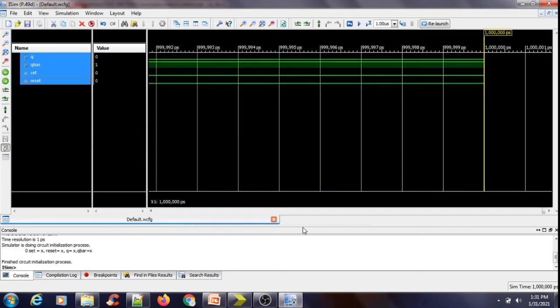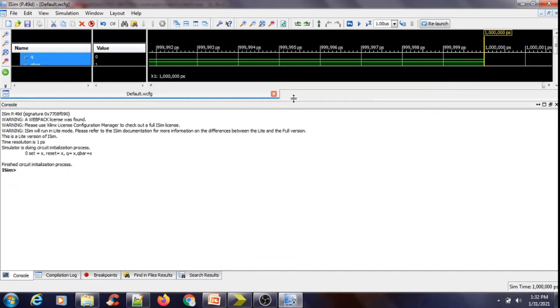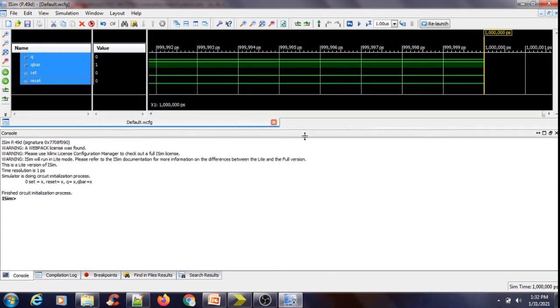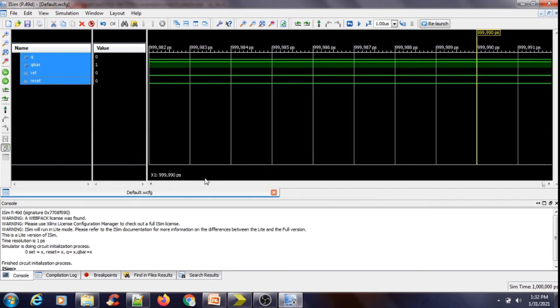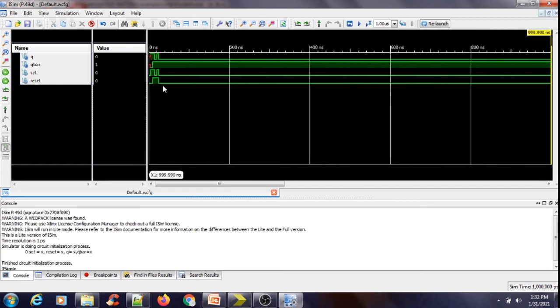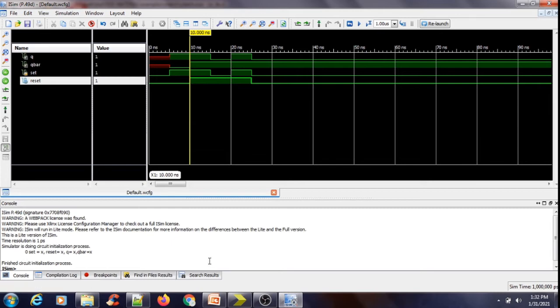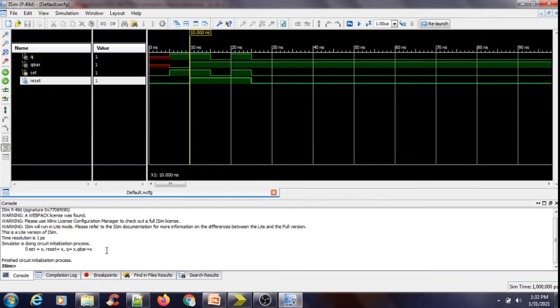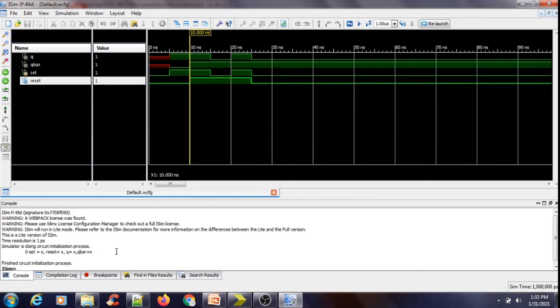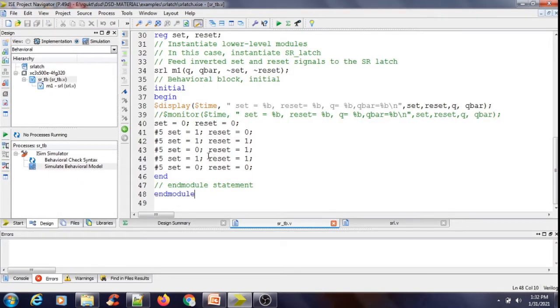Keeping this waveform window aside, we will see the console window, because in the console window we are able to see all the input combinations.